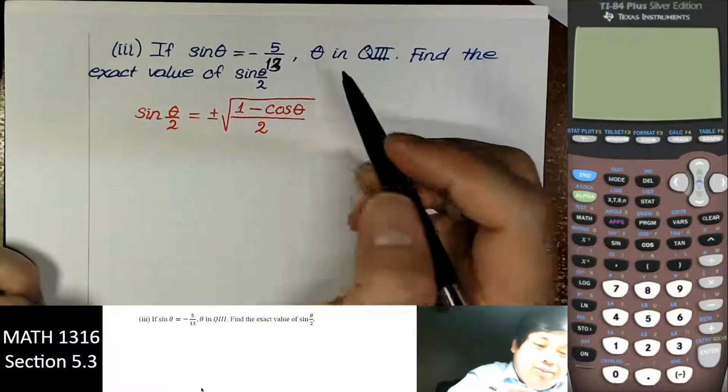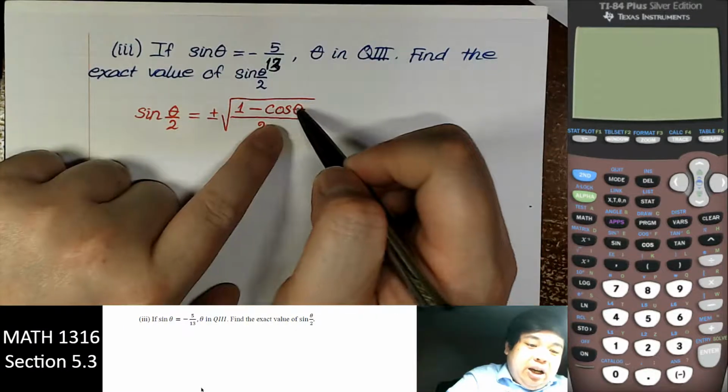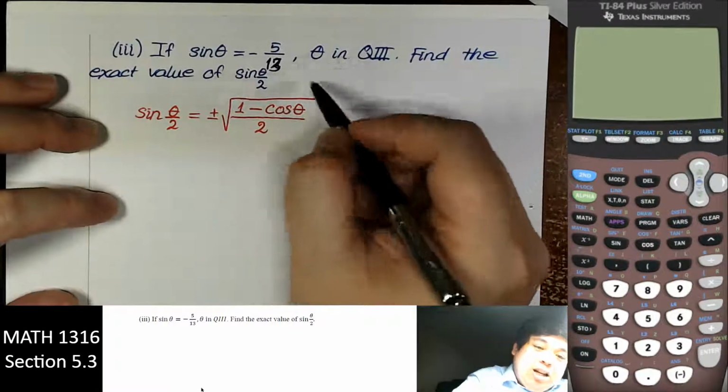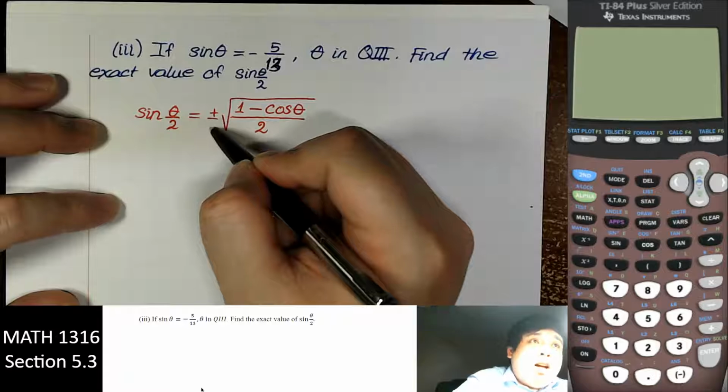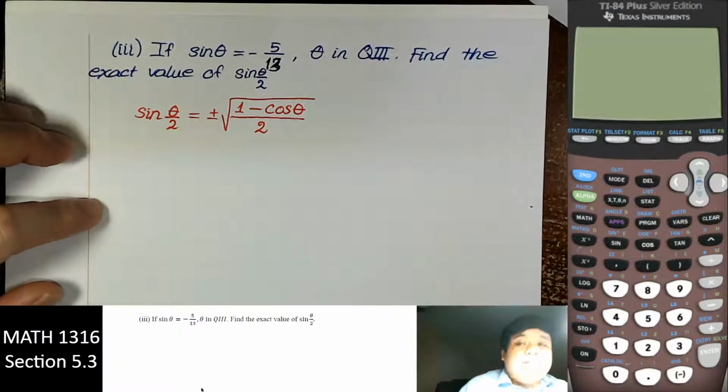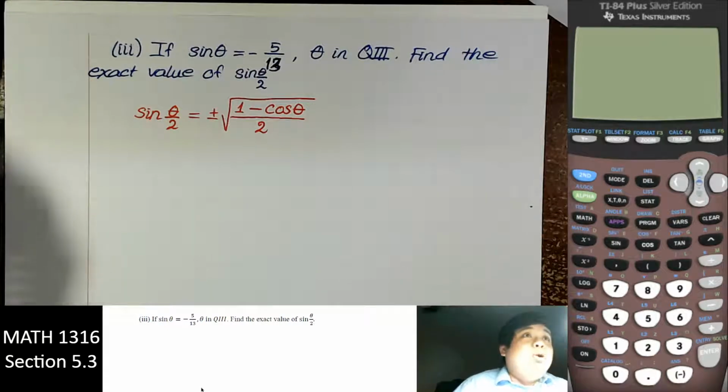Right, so we have sine, we just need to find cosine. So a few things here. First, determine if it's positive or negative, and then after that find out cosine. So is that going to be positive or negative?